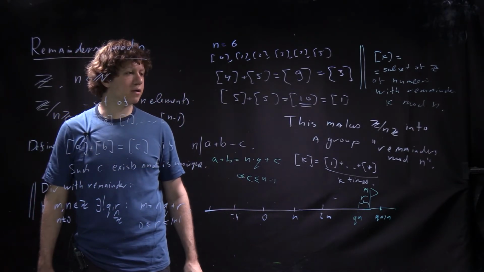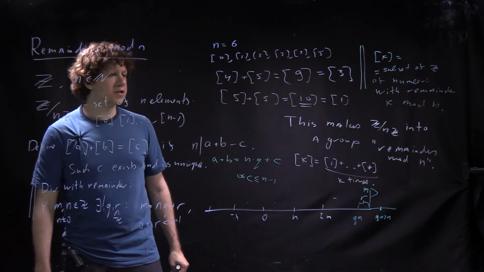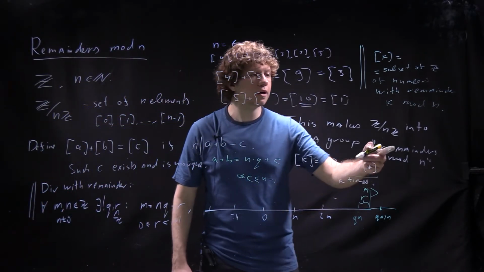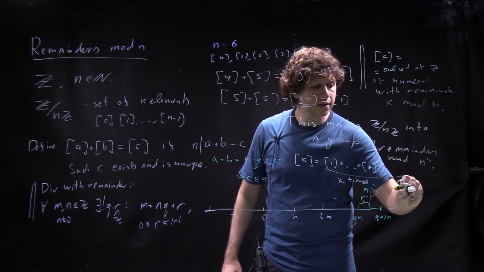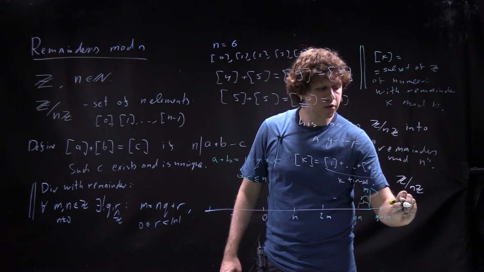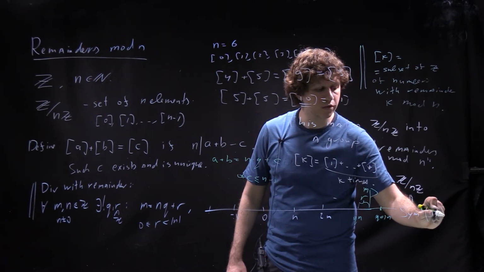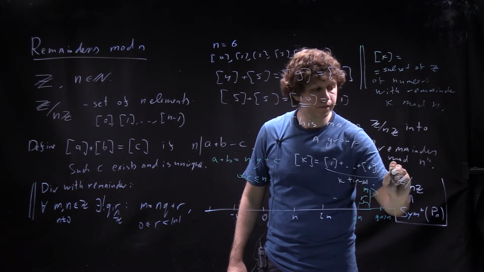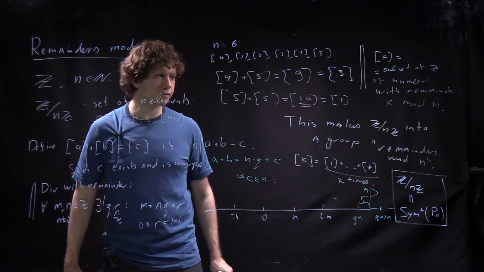So that's a very simple fact. And so now we can say that Z over nZ is isomorphic to the group of orientation preserving symmetries of a regular polygon. So that's how one can scientifically rephrase all of that.